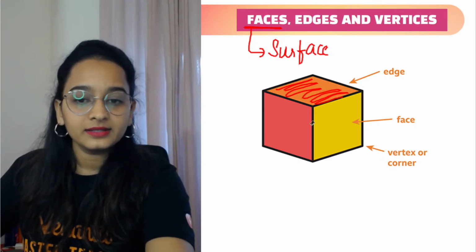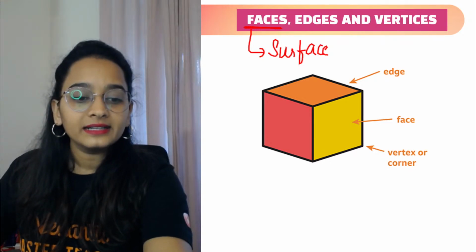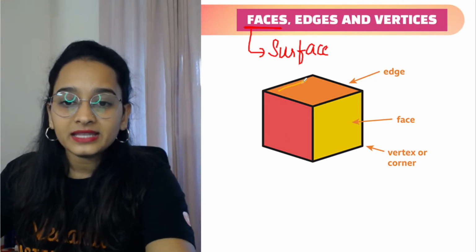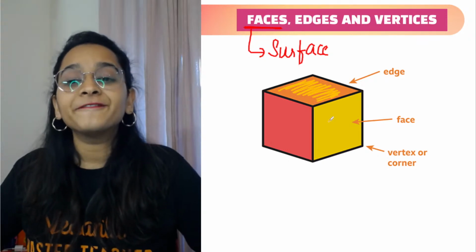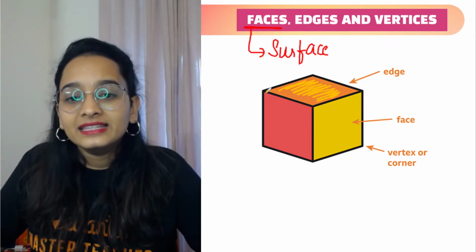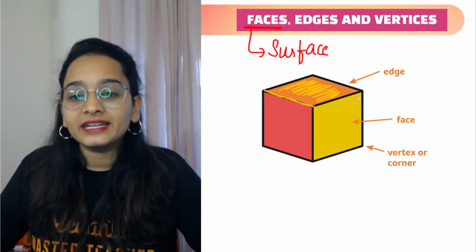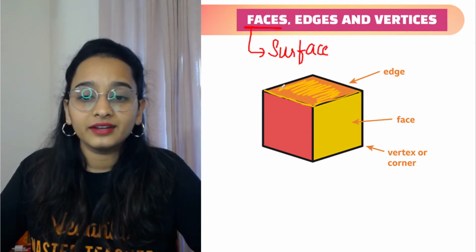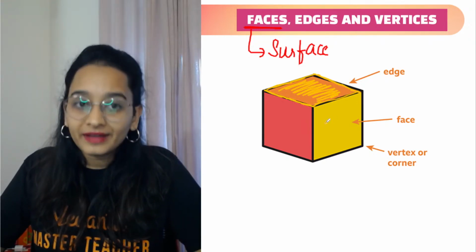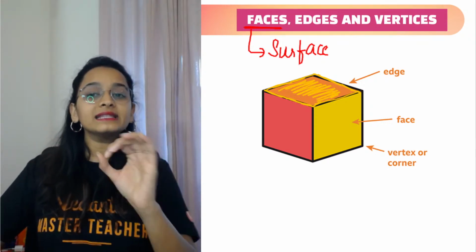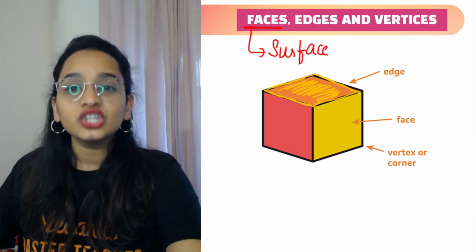Just give me 1 minute. So this entire shape, the space that you're seeing here, is called a face. And these lines which are connecting all the faces together, when these lines are joining, you are able to form the face, right? So those lines are called edges.